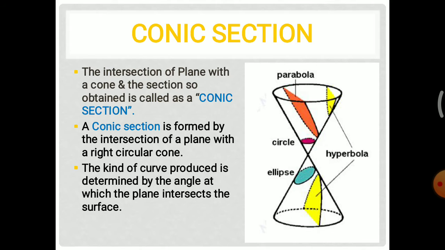This type of conic section is called a double cone. A conic section is formed by the intersection of a plane with a right circular cone. Planes means a horizontal plane or a vertical plane. Any type of plane can be intersected by the right circular cone, and hence forms a conic section.